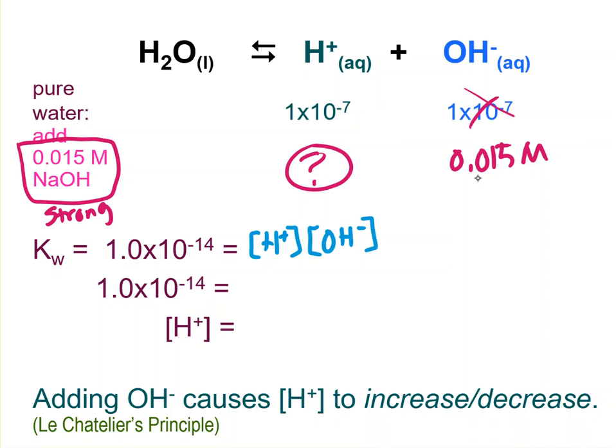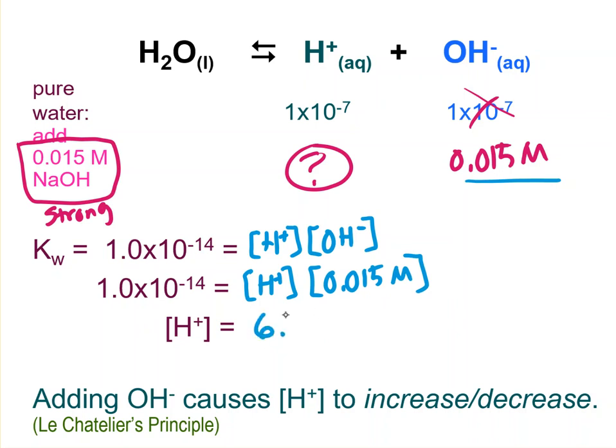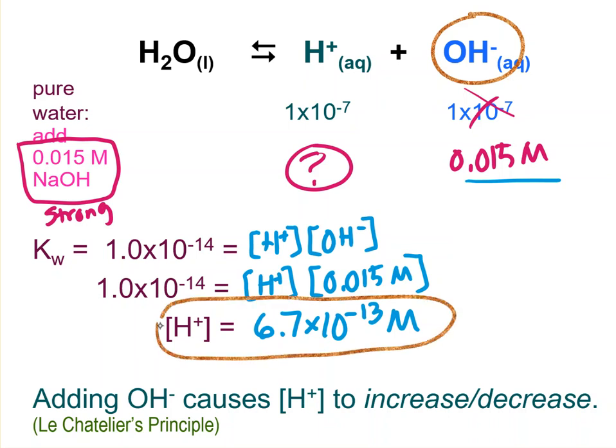And so we can plug in our new hydroxide ion concentration that we have, and just divide, and we can get our hydrogen ion concentration. And so by adding this hydroxide ion, it caused the hydrogen ion concentration to decrease because it was 10 to the -7th.